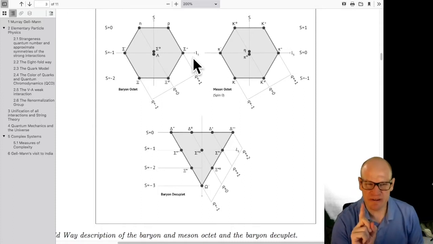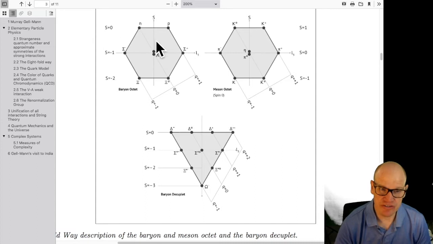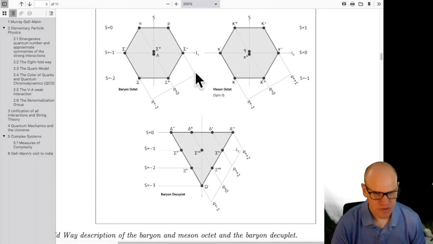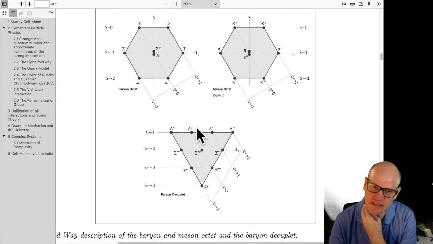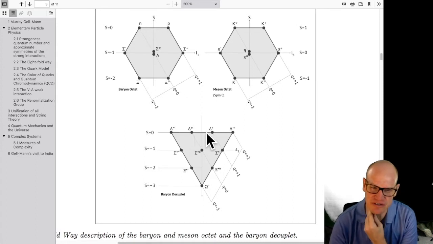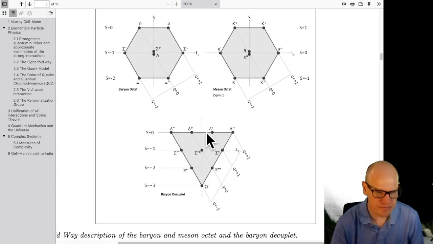So there was one thing that I was missing from that, and that is that there are different ways of arranging these spins. I did point out that these delta ones here should be the neutron and proton. However, the difference between the neutron and proton and these delta particles is the way that their spins are oriented.